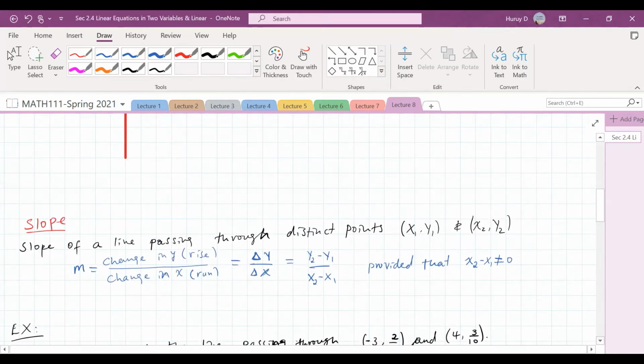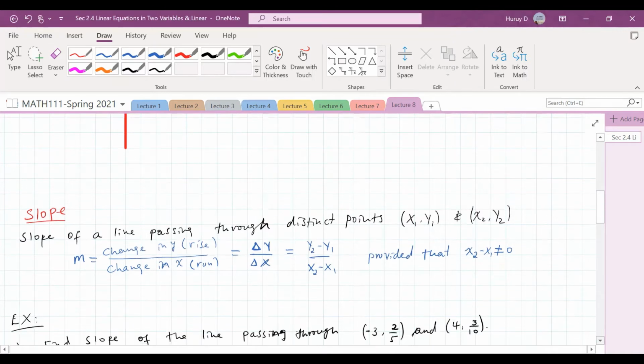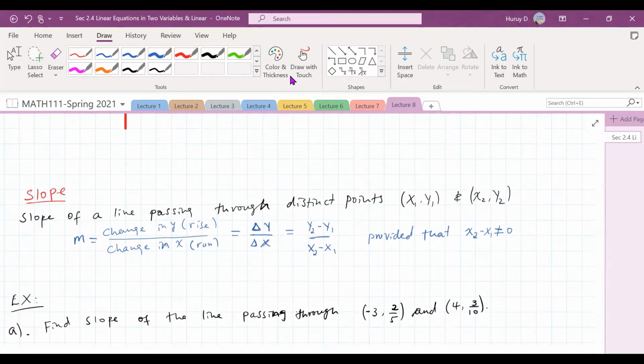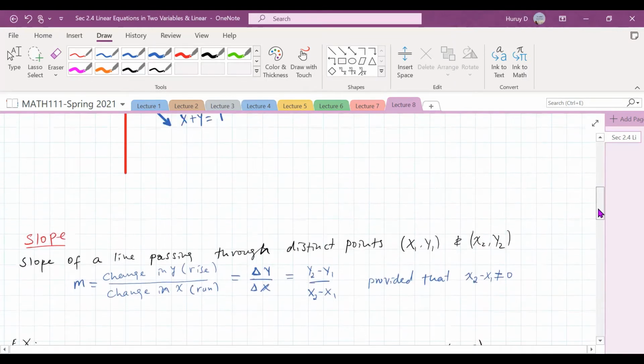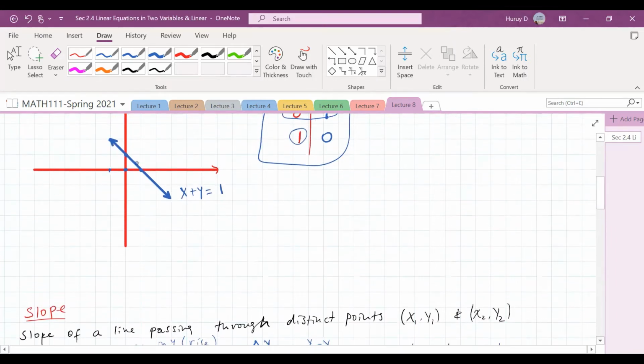Another important thing that we need to know is the slope of a line. Slope means the steepness of the line, how steep it is. For example, you can have a line like this, horizontal. We can have like this one. We can have like this. And maybe down like this one, it goes downward.